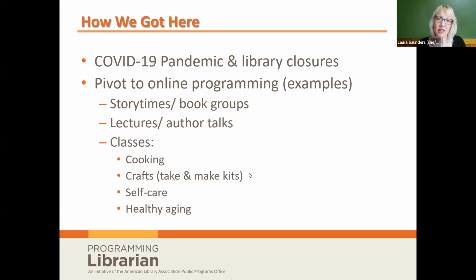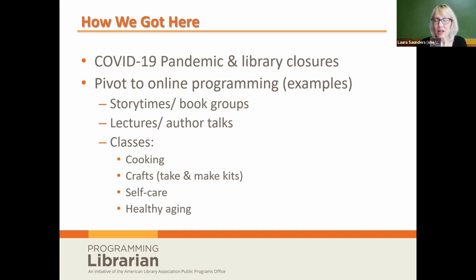A lot of libraries were running story times for young children, and others were running book groups that were more geared towards adults. There were a lot of lectures on topics of all different kinds, including author talks. And a lot of libraries were also running more educational or instructional classes, ranging from cooking classes to different kinds of crafts.